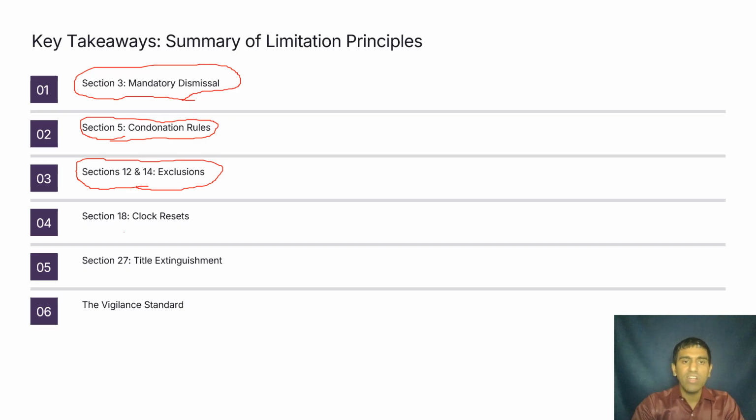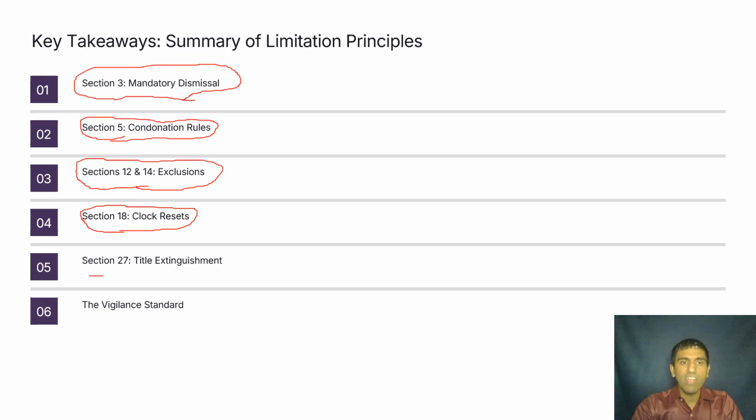Then section 18 talks about clock resets. Essentially, like I said earlier, if you have signed a written acknowledgement where you have acknowledged a liability or due to the other party, then a fresh period of limitation would start from the day of signing of said acknowledgement, provided the acknowledgement was signed before the original limitation period was over.